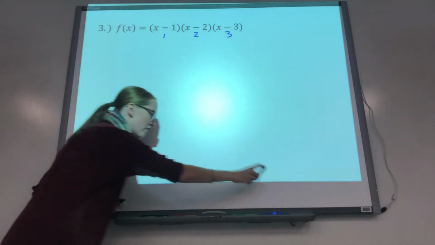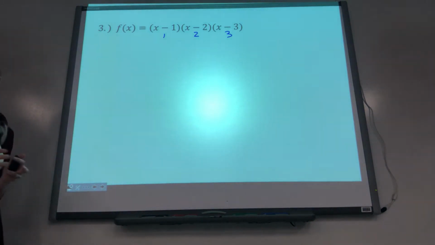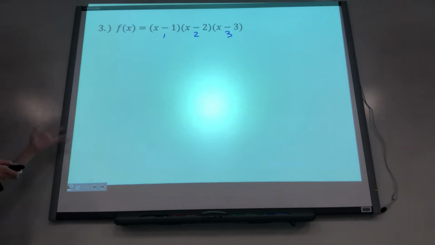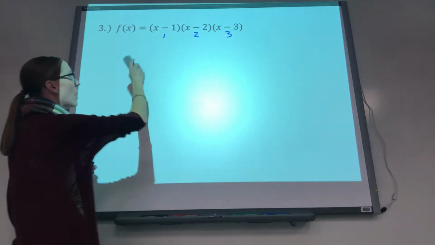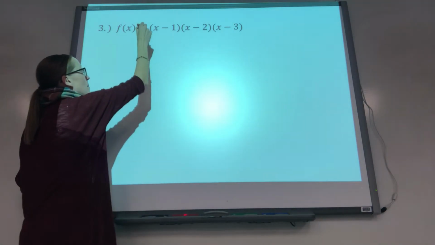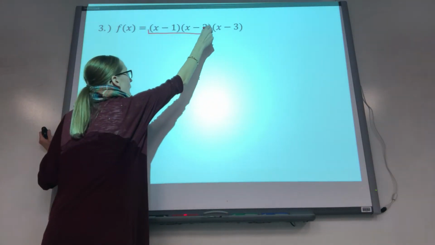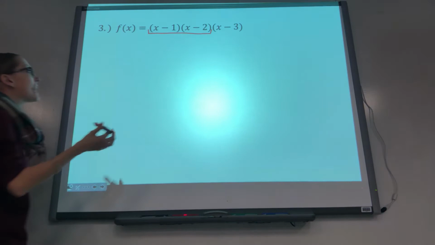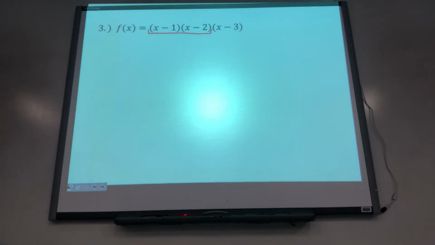That's not going to work for us because our catchy little saying just says 1d2 plus 2d1. There's no 3 involved. So what you'll have to do on something like this is maybe just multiply a couple of those together first. Then you'll get it down to only 2 quantities with x.